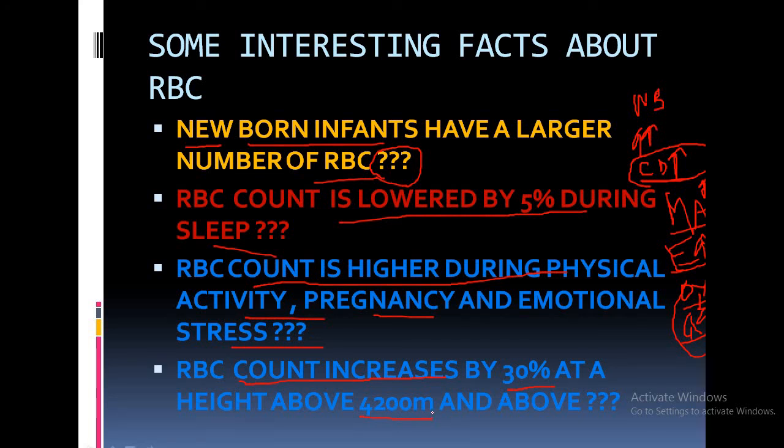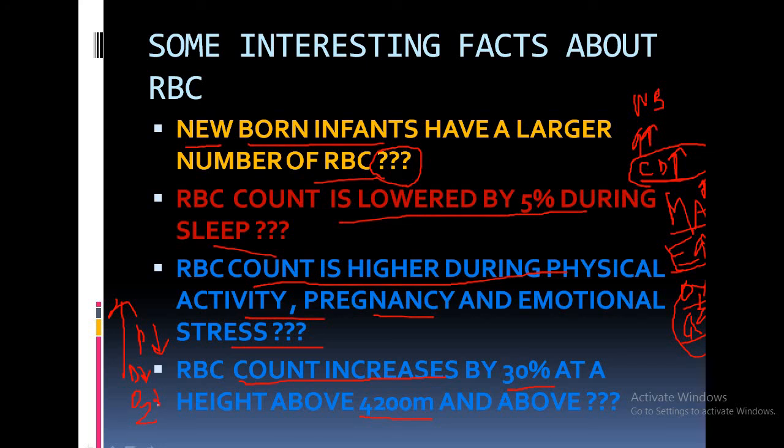Then another reasoning based question: RBC count increases by 30% at higher altitudes, 4200 meters and above. You must have gone to places like Himachal or Kashmir, and you must have seen the girls over there having red cheeks. The reason is the number of RBC is higher in those areas. As you must have studied in physics or geography, as the altitude increases, the pressure of air decreases. When the pressure of air decreases, the density of air also decreases, so the amount of oxygen also decreases.